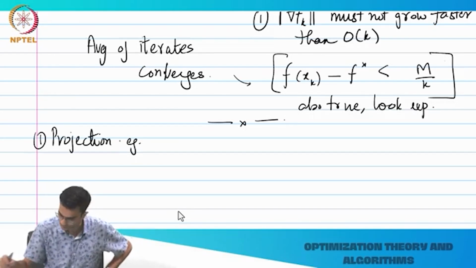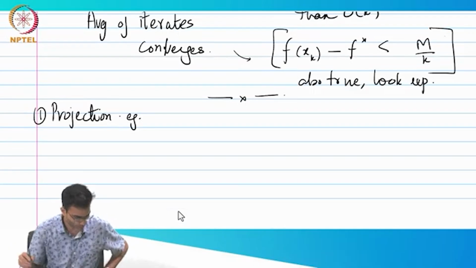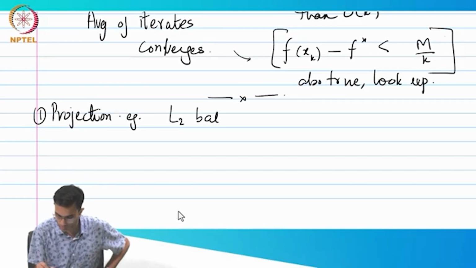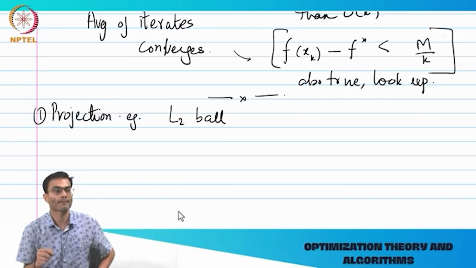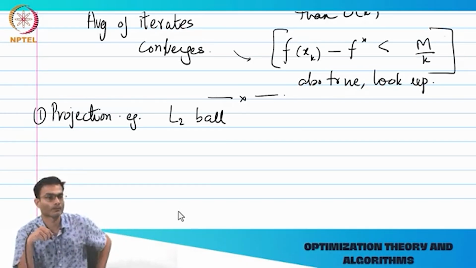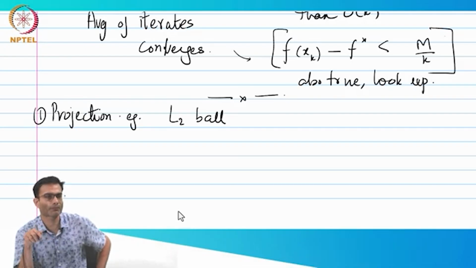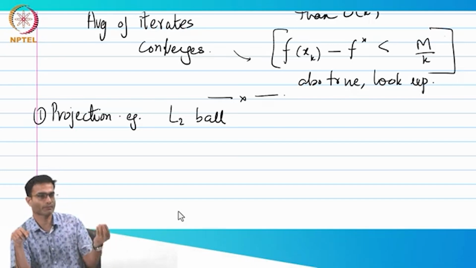Okay, so the L2 ball. Yeah, projection is giving me that point in the feasible set closest to the point that I'm asking.